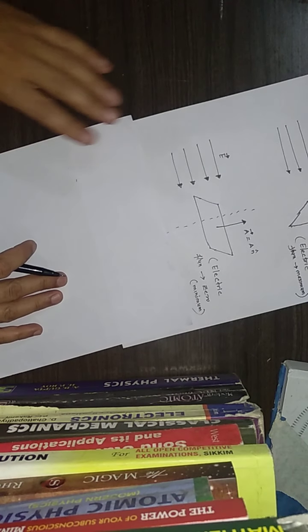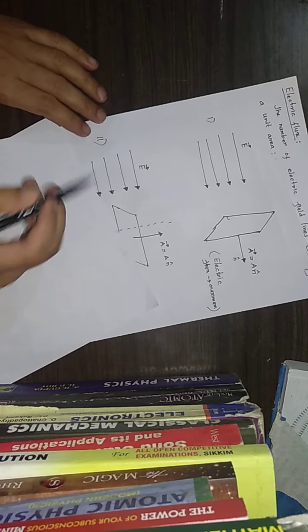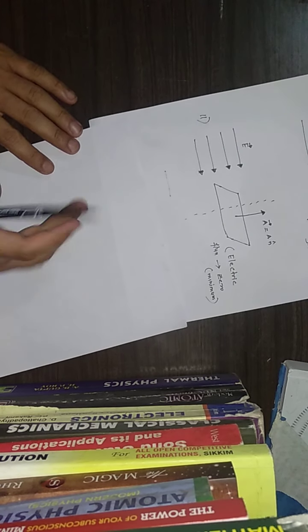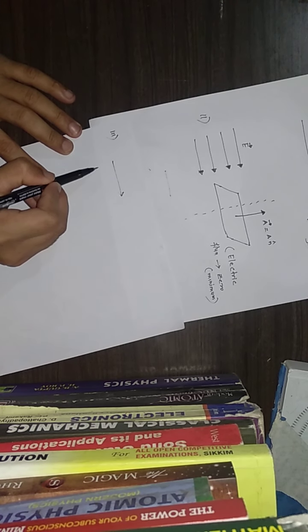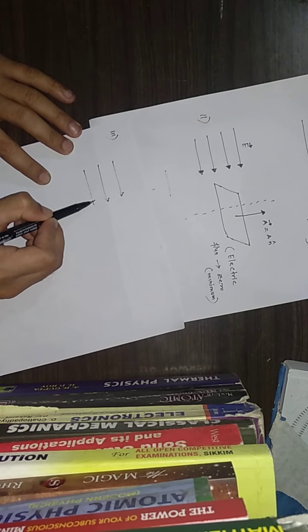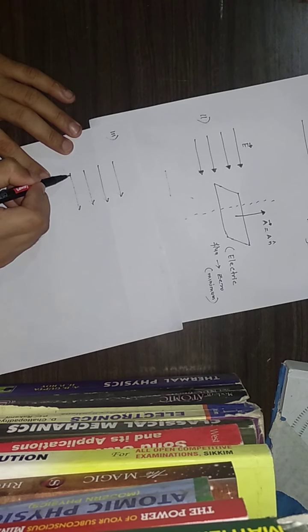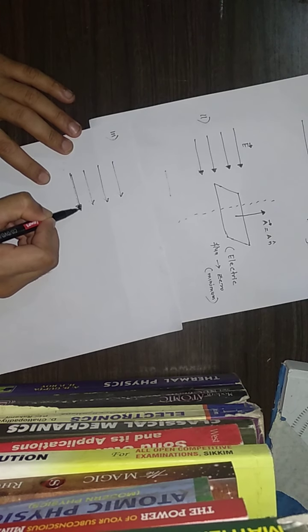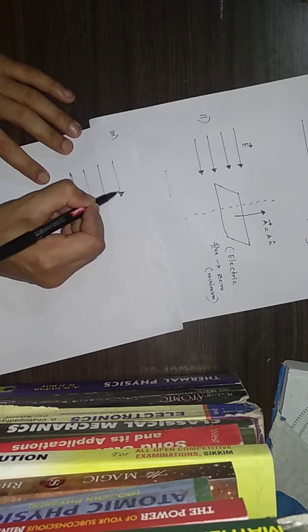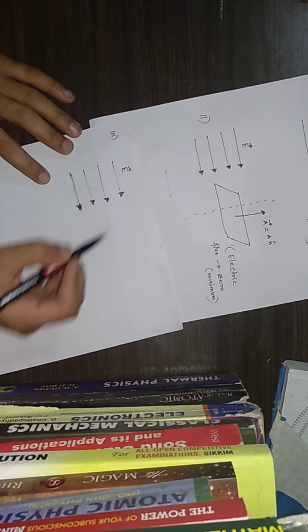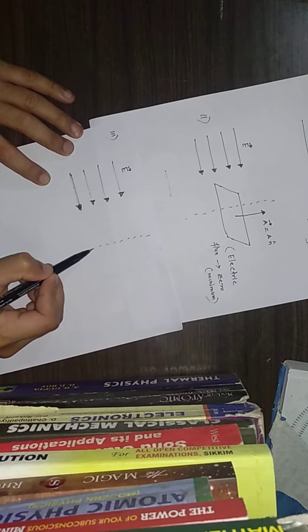Now again, I want to consider an intermediate condition. If this is condition 1 and this is condition 2, let us do some intermediate condition. These are my electric field lines in the same manner, and suppose this is a perpendicular line.